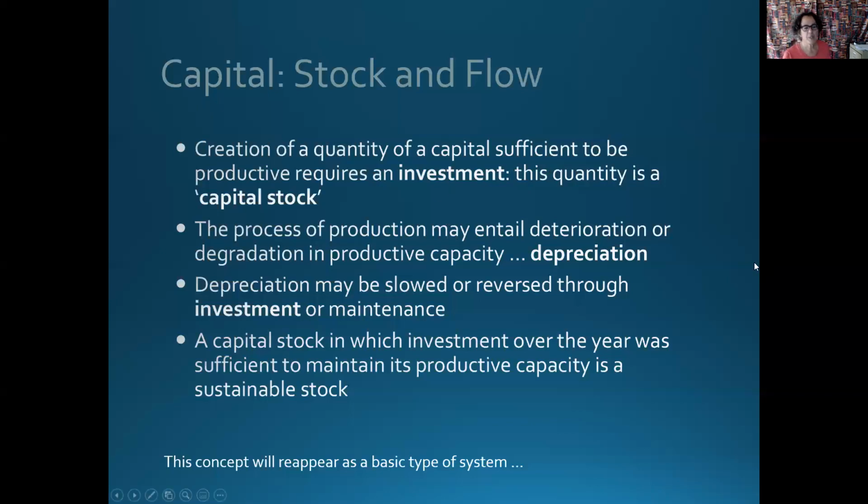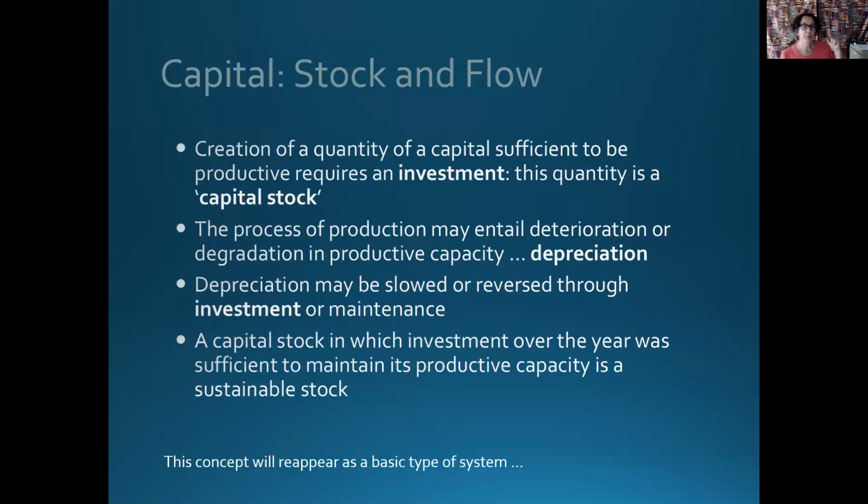So this process of production, of catching or taking or yielding from your productive stock, might deteriorate the quality of the capital, the productivity of the capital. In accounting, we call that depreciation, some degradation in the productive capacity over time. Ideally, you can ensure that you're investing to counteract the depreciation, and that would be a sustainable condition of that capital stock.